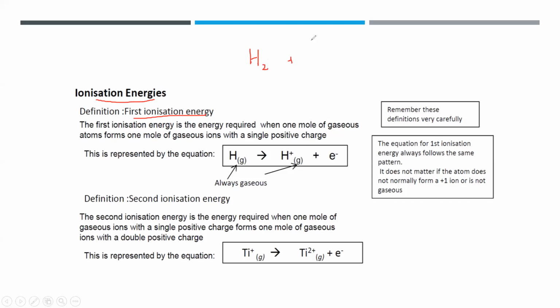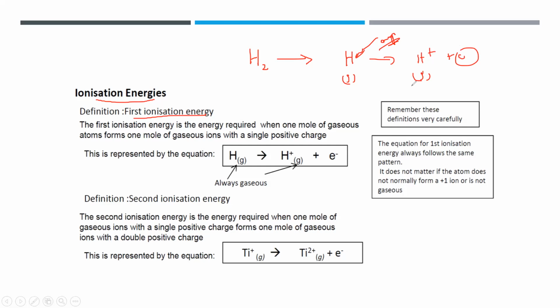If we remove an electron from the molecule, we don't say it's ionization. First, we should have an atom, in a gaseous state. We supply energy so that the electron is removed and it forms a positive ion.